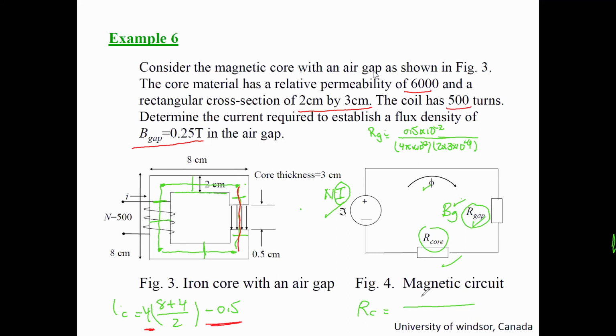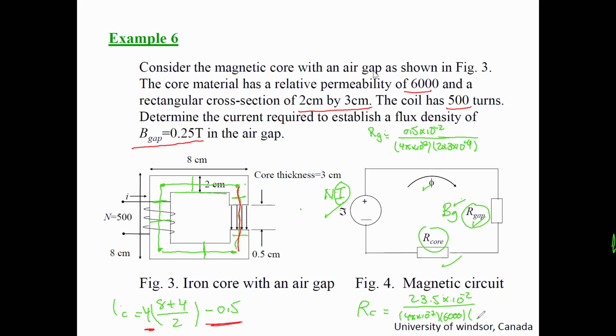So this is 23.5 times 10 to the power minus 2. Is it clear? Yes. It's divided by 4 pi times 10 to the power minus 7, times 6,000.